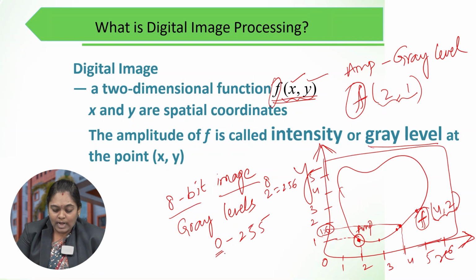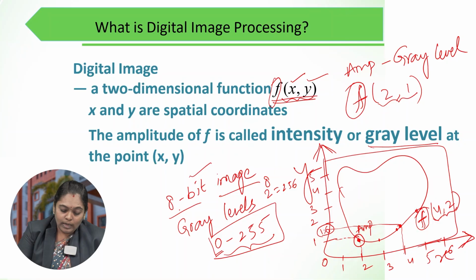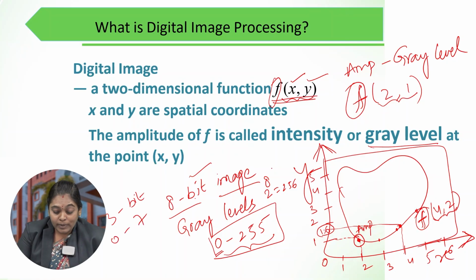That is the reason the amplitude of each and every pixel will be within the range of 0 to 255. Depending upon the bit image, if we take it as a 3-bit image, the values will be only 0 to 7. Depending upon how many bits the image has, the gray level values or the amplitude of that image will vary.